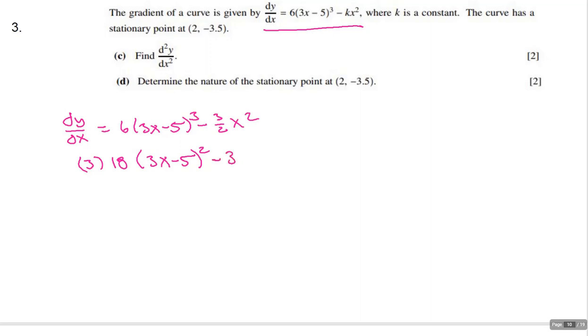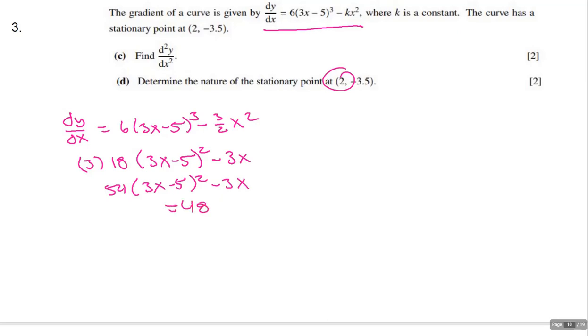And then it'll be x because I take away 1 from that, right? And so 3 times 18 is going to be 54, times 3x minus 5 to the second, minus 3x. And if I substitute in a 2, I'll get the answer 48.